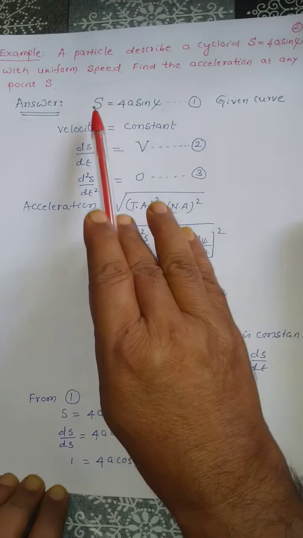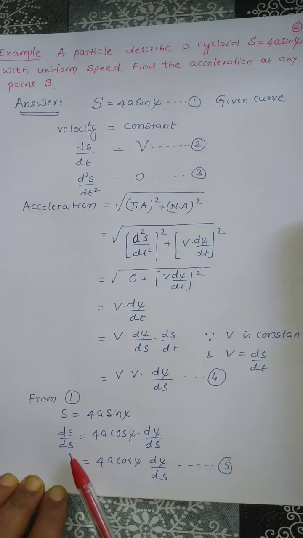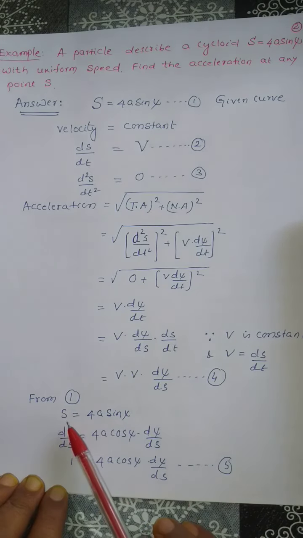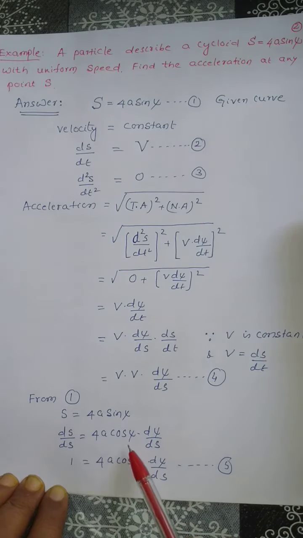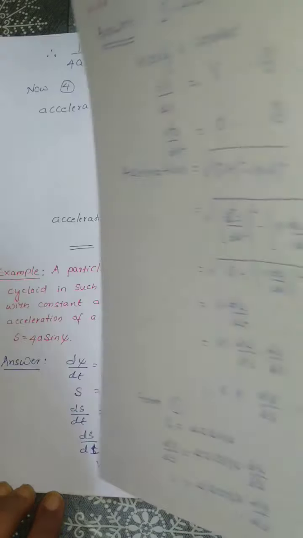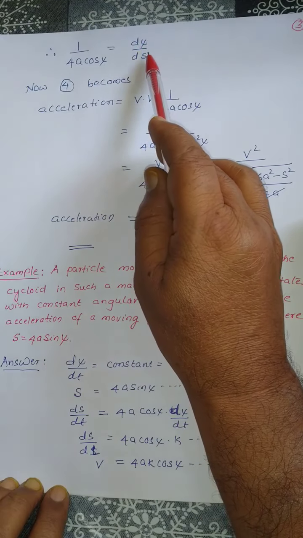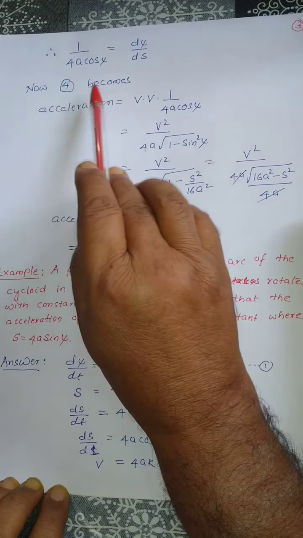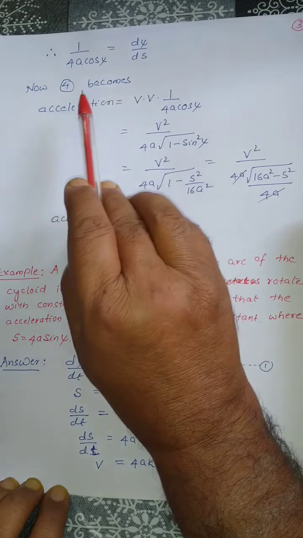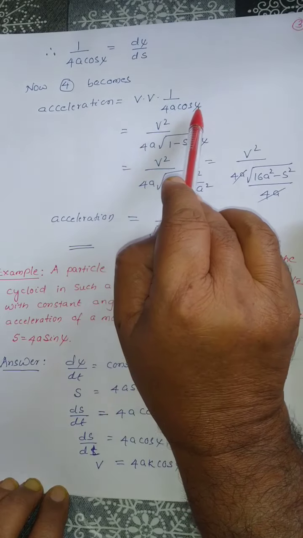With the help of the first formula, we differentiate with respect to s. So ds by ds equals 4a cos psi into d psi by ds. So this is 1 equals 4a cos psi d psi by ds, so 1 by 4a cos psi equals d psi by ds. Substitute in the fourth equation. So acceleration will be v into v into 1 by 4a cos psi.